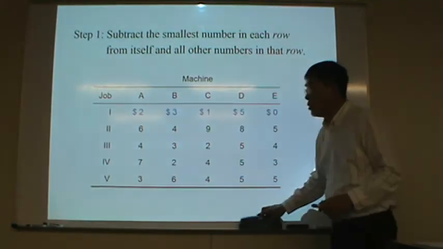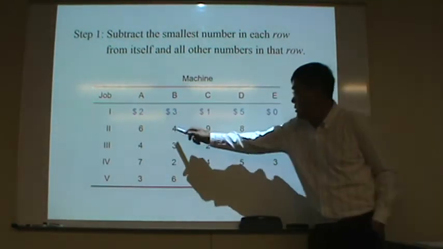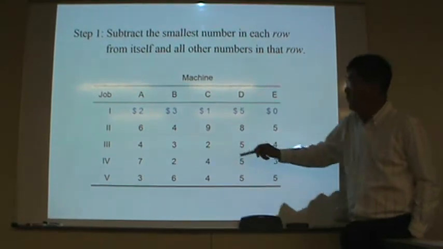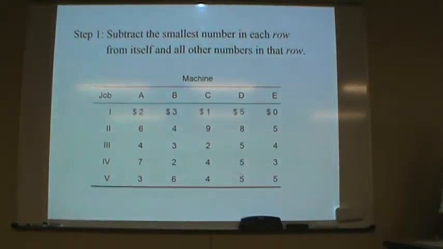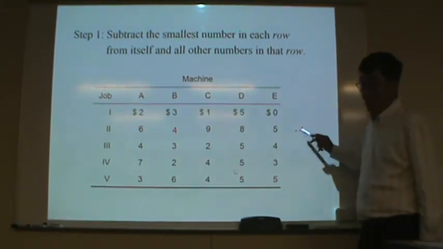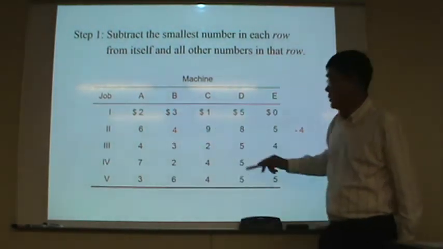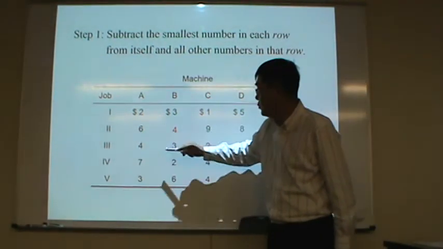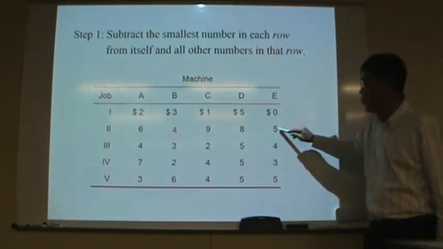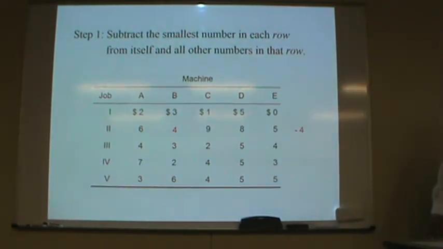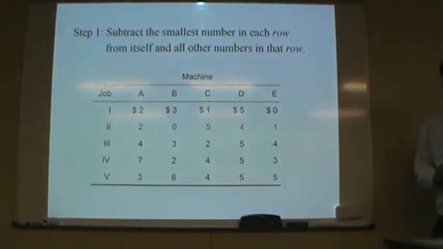The second row: 6, 4, 9, 8, 5. 4 is the smallest, so subtract 4 from each number. Then this one will be 2, 0, 5, 4, 1. Okay?